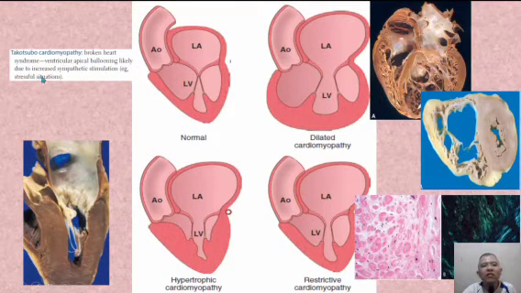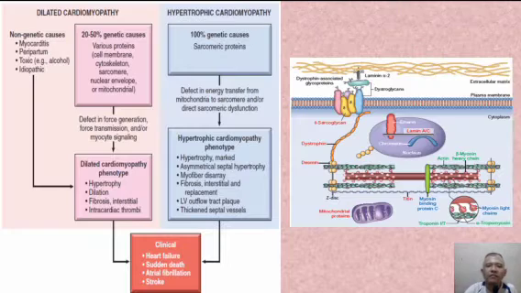So overwhelming sadness can lead to rupture of the chordae tendineae. Okay, so this is what I mentioned about. So for dilated, majority is genetic. Even for hypertrophic, 100% is genetic.